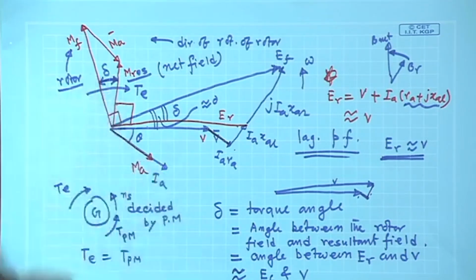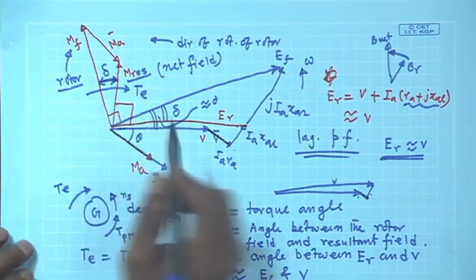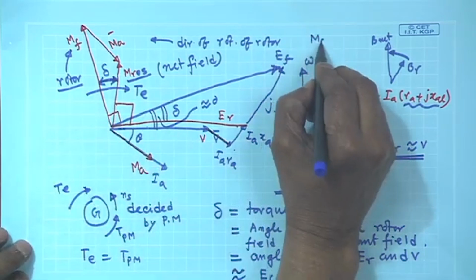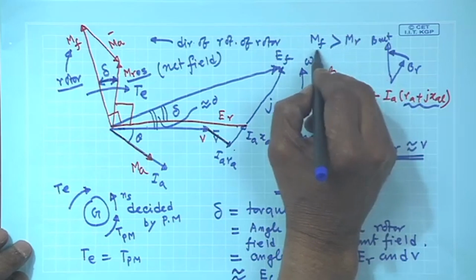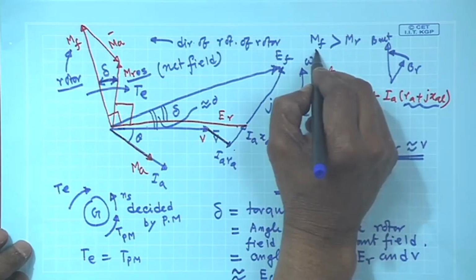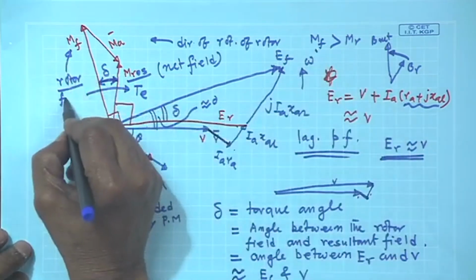When such a thing happens, one can look at the phasor diagram and conclude that the magnitude of M_f is bigger than M_r. That is rotor field strength, M_f is rotor field strength.